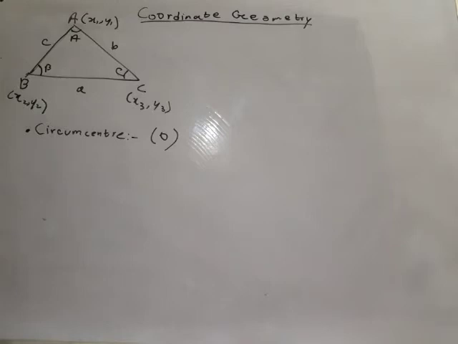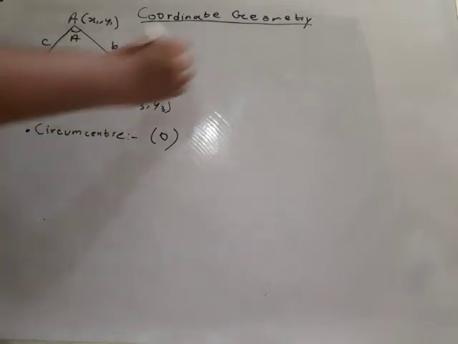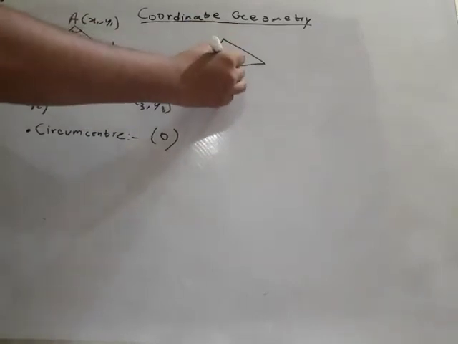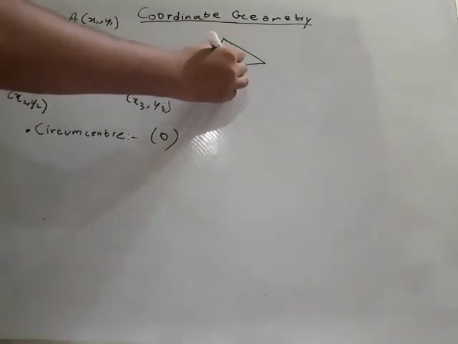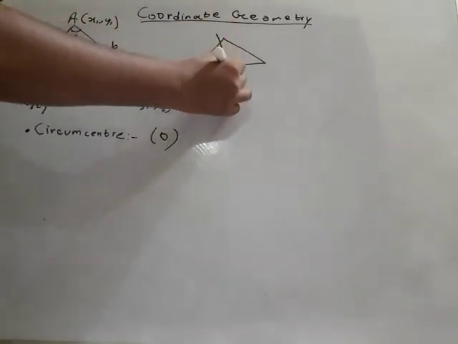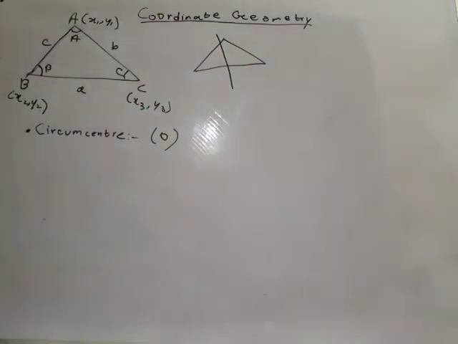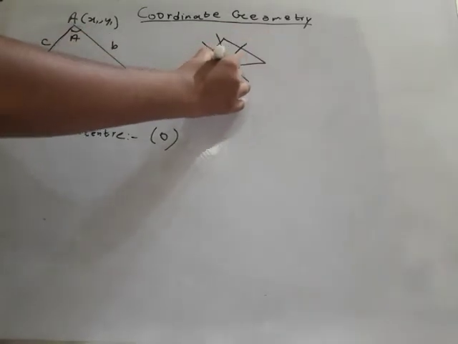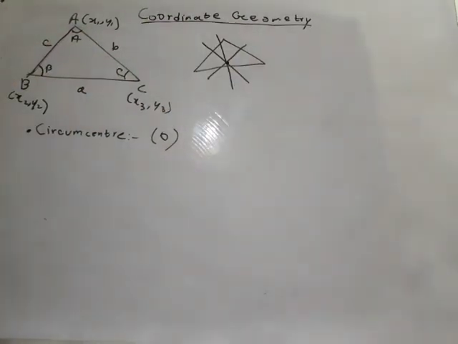It is the point of intersection of the perpendicular bisectors of each side, meaning the line perpendicular to the side passing through its middle. So this is the circumcenter.